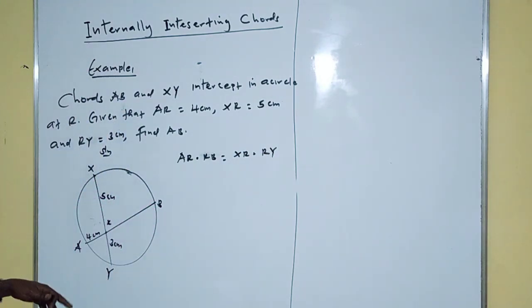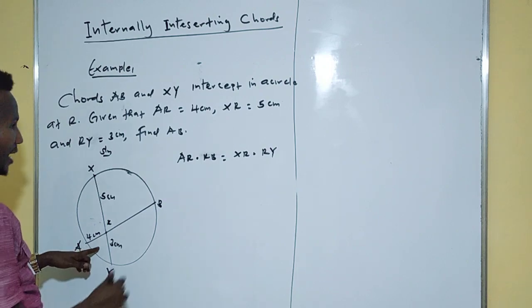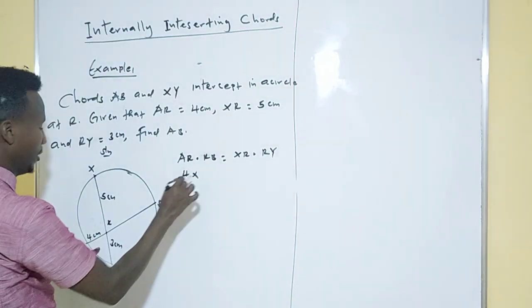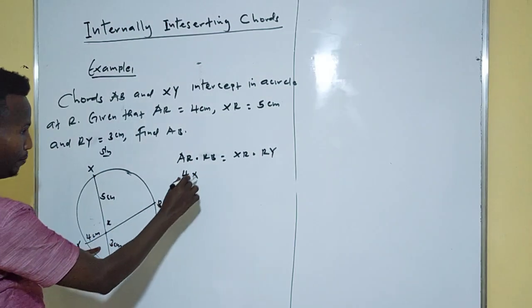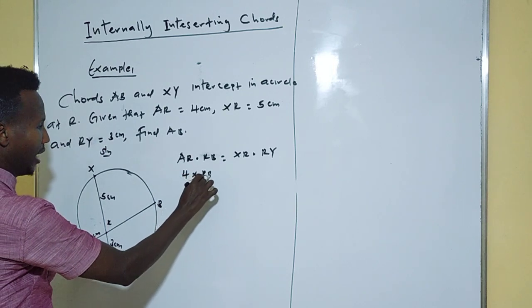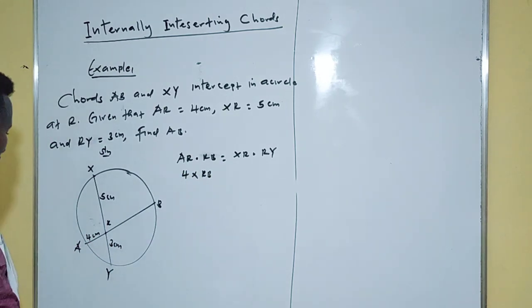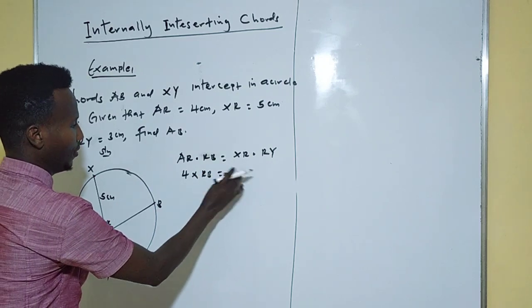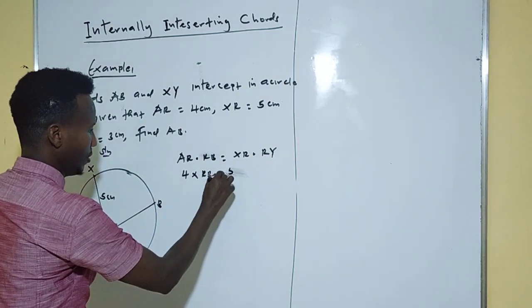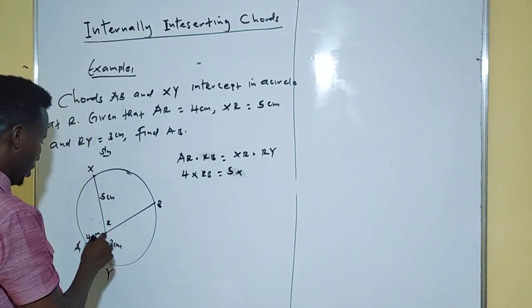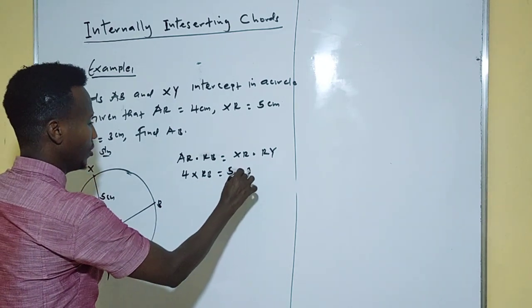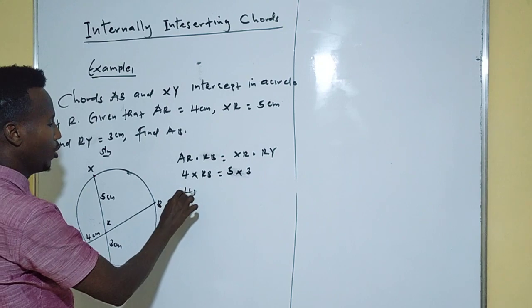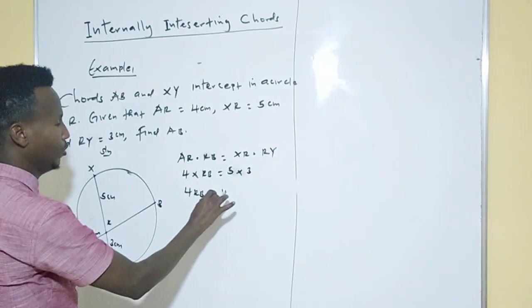Here AR is 4, times RB, let RB be there, is equal to XR, which is 5, times RY, which is 3. So we are going to get 4RB is equal to 15.